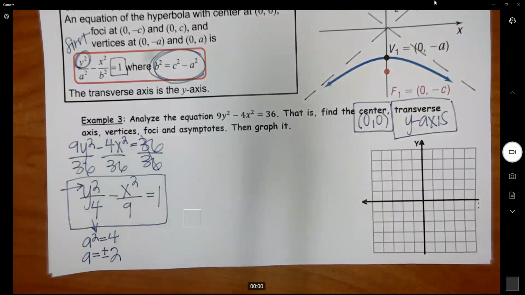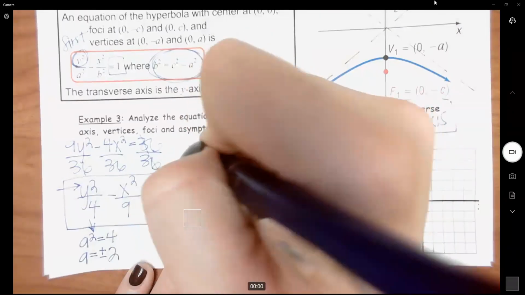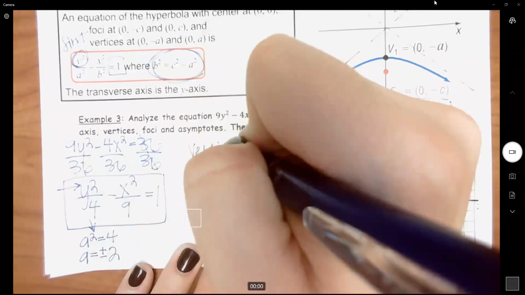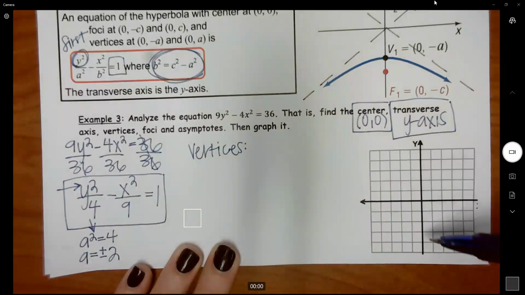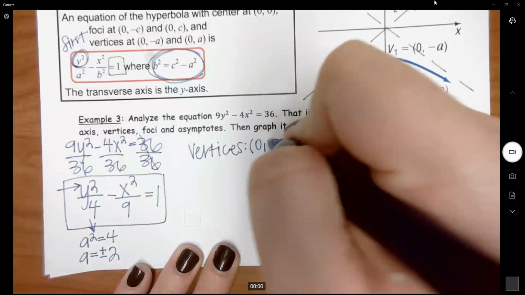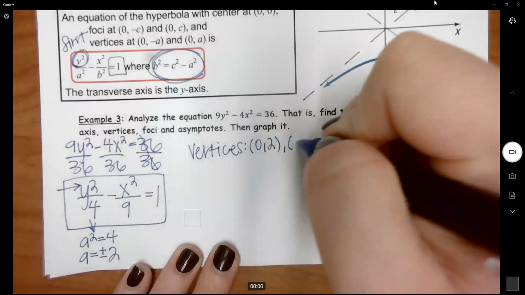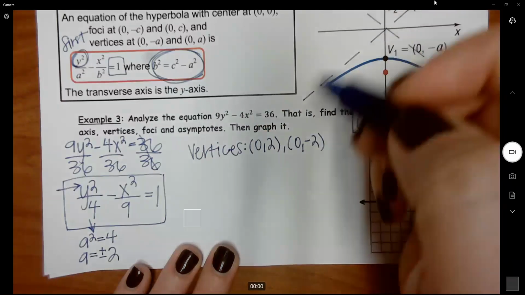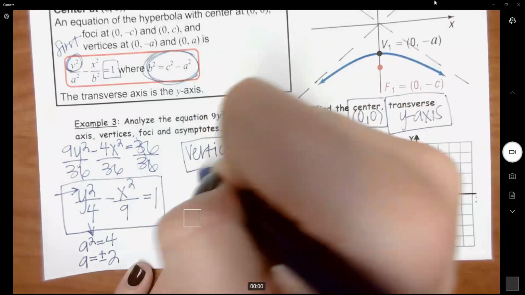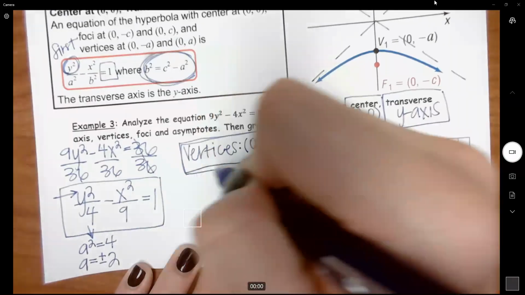So my vertices, and remember, this is along the y, are 0, 2 and 0, negative 2. So that's one of my answers.